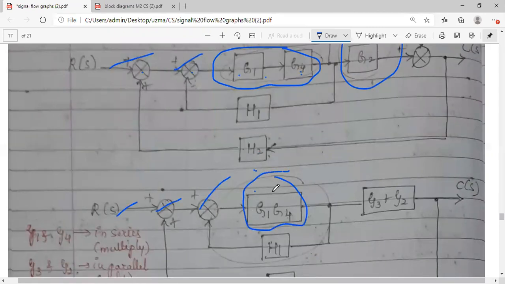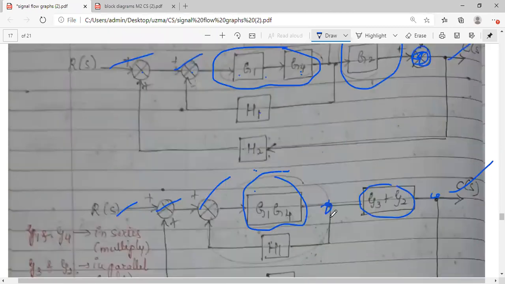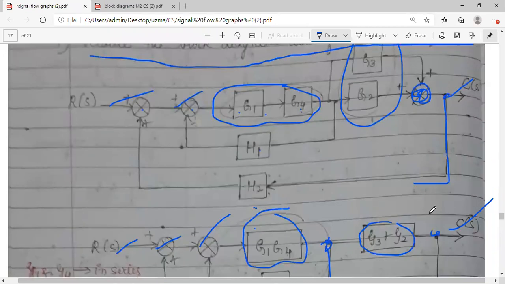See here, two summing points are there. Then these two should be added. I have replaced them with G2 plus G3. Then this will go, because when I am adding, this will go, and there is a takeoff point as it is. I have drawn, and H1 is after this. So from this, I have to draw H1, and H2 is at the extreme takeoff point.